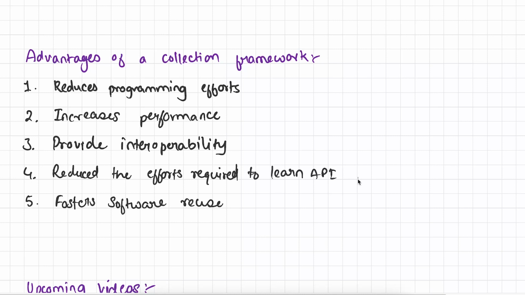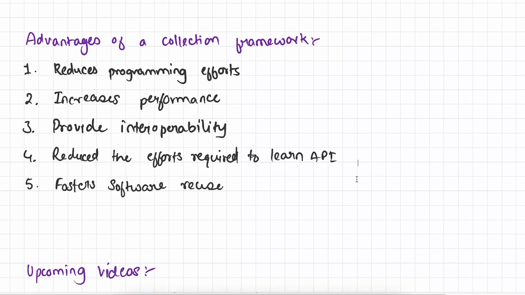For example, in LinkedList, the add method is used to add elements to the LinkedList. In queues, the add method is used to add elements to the queue. In SortedSet, the add method is used to add elements to the SortedSet. So basically the same APIs are used across the collection classes, so we do not have to learn all the APIs. We just have to learn one API and we can use it in all the collection classes.